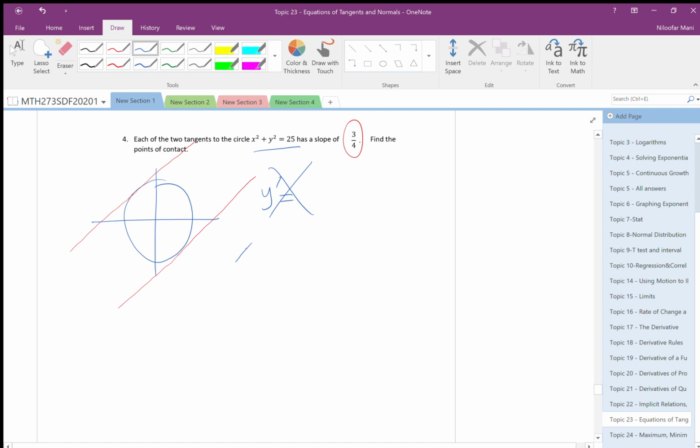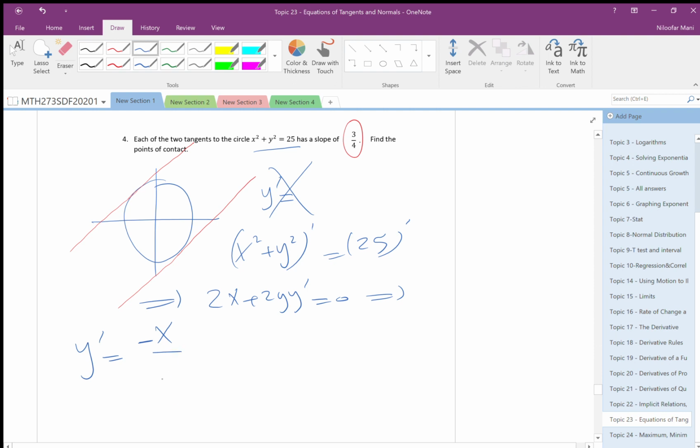So I do the derivative of x squared plus y squared equals 25. I have 2x plus 2y y prime equals 0. When I have y, I have to multiply it by y prime, and then y prime equals minus x over y, right? Minus x over y. Yes, so this is equal to 3/4, it says.